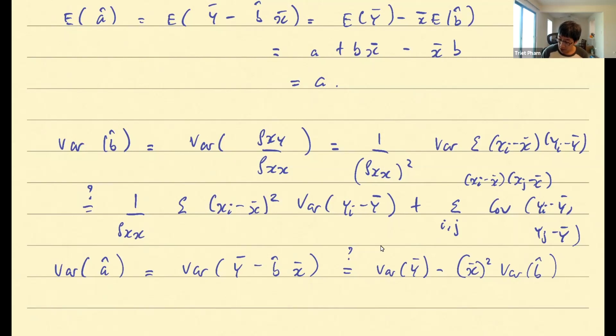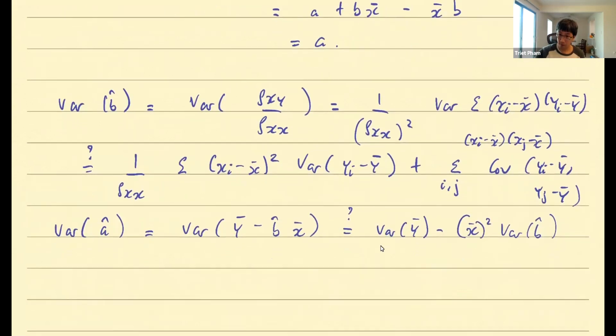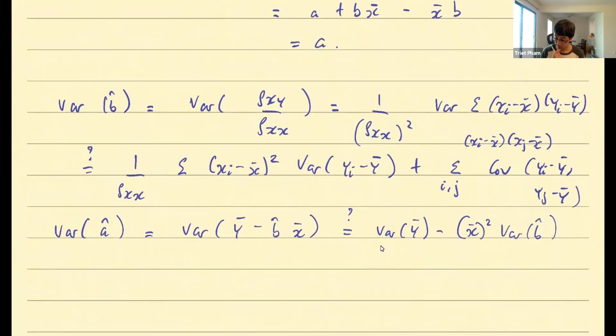So same thing here. Does this work like this? Can I pass the variance in like this? Can I pass the variance term in like this?